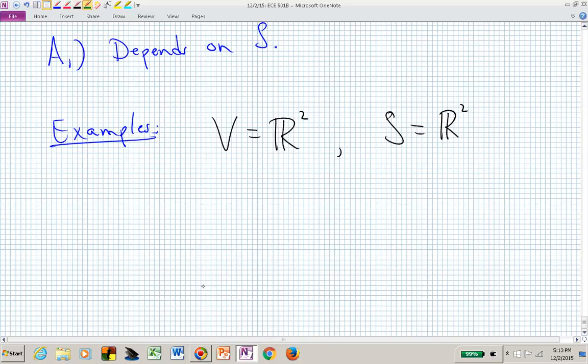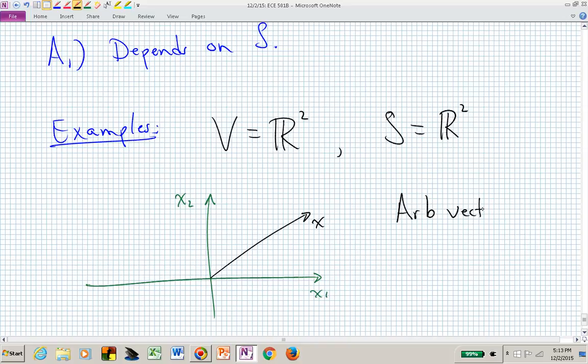Meaning, if we now have two coordinates, let's say x1 and x2, we're living in R2, and somebody says, what's the list that you need if somebody wants to parameterize an arbitrary vector x in R2?